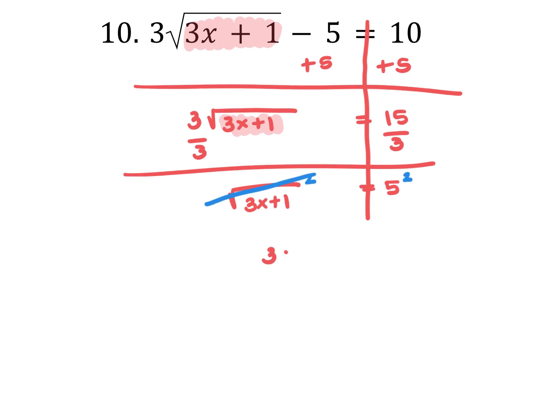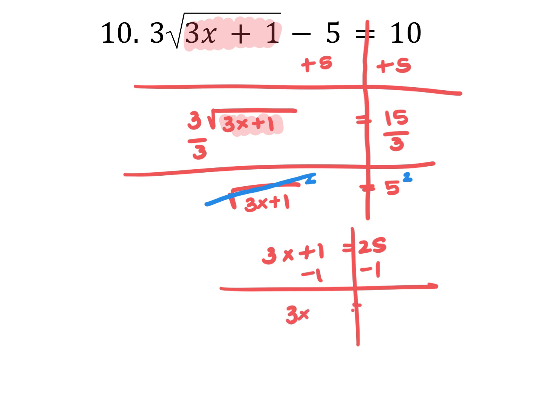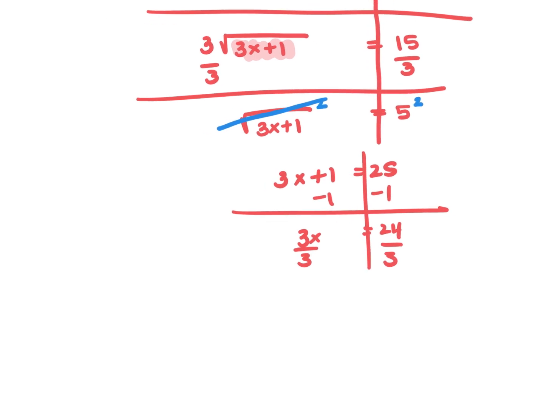So I have 3x plus 1 equals 25. Subtract 1. 3x equals 24. Divide by 3, divide by 3. And x equals 8. All right, you have everything you need to work on your assignment for number 10.